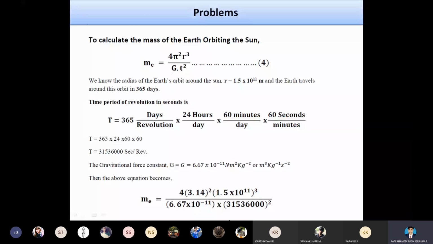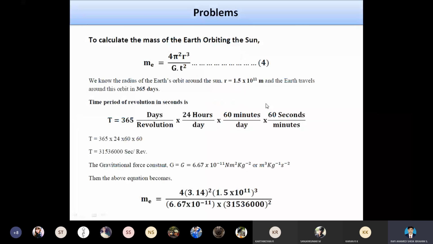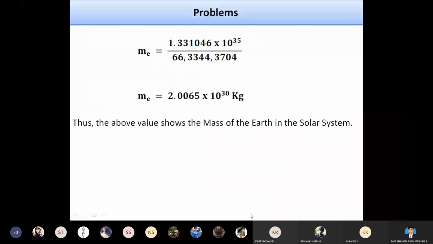While you are solving the problem, don't give the answer immediately once you enter the data. Make it 2 to 3 steps to complete the problem.